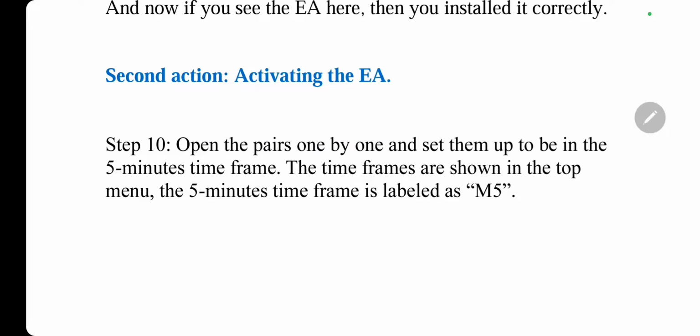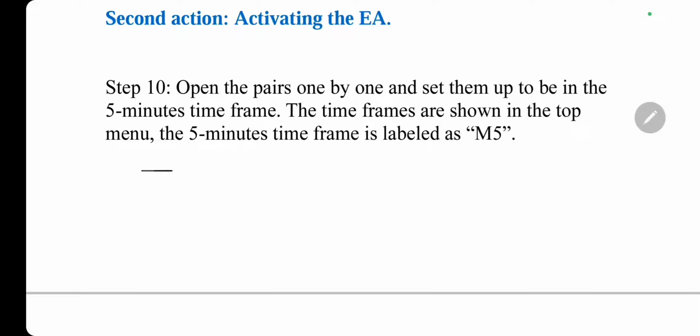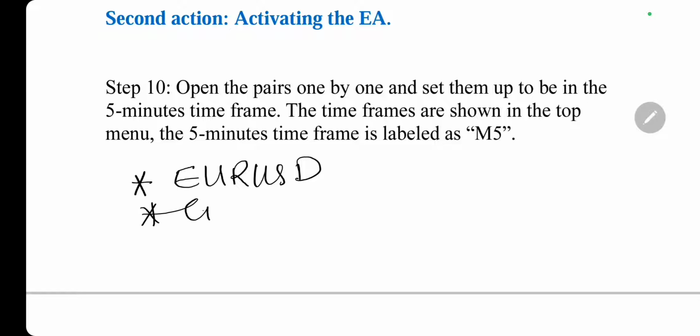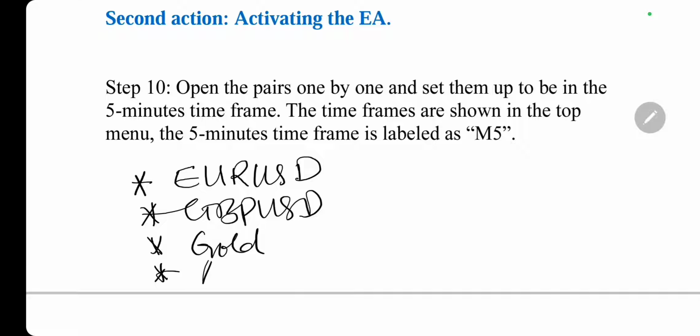Some things you need to look at: for every EA, you can say, I designed this EA, or this EA was able to trade only EUR/USD, or GBP/USD, or gold, or AUD/USD, etc. Some you might say will trade all of these four pairs, or only EUR/USD, or 20-something pairs, or 18 pairs, or 15 pairs, depending on the case.